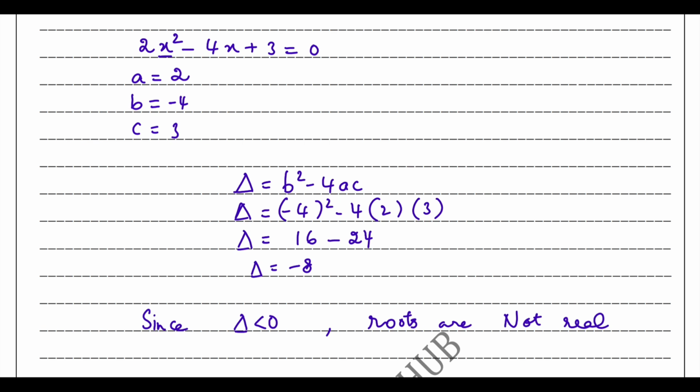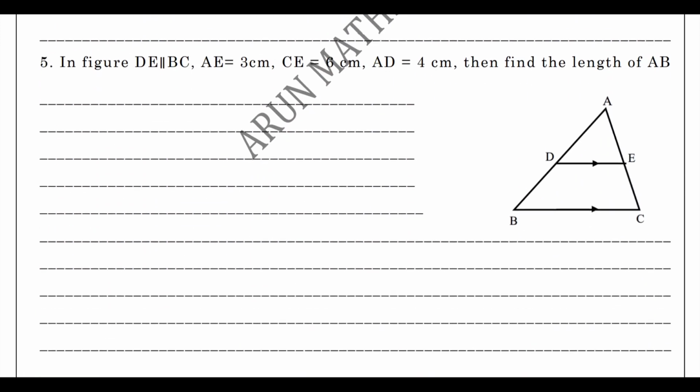If delta is greater than 0, the roots are distinct. And if delta is lesser than 0, the roots are imaginary, or we can say the roots are not real.